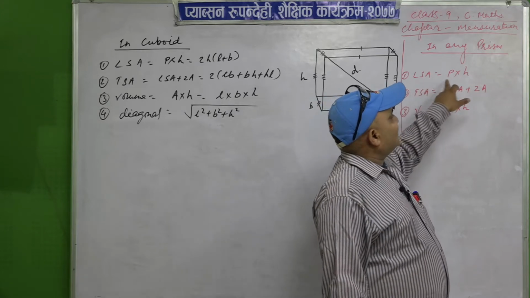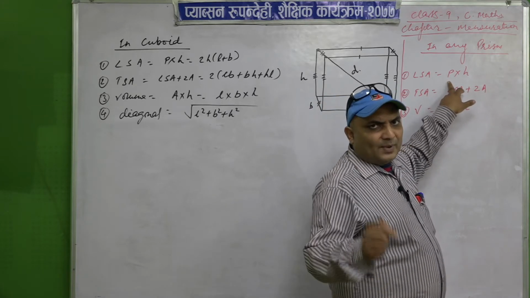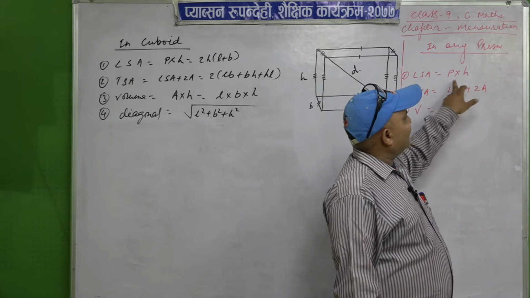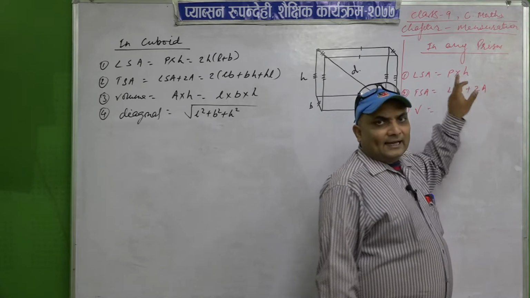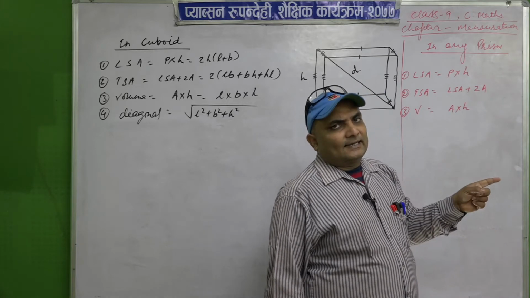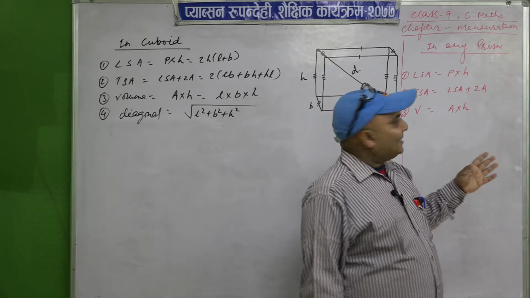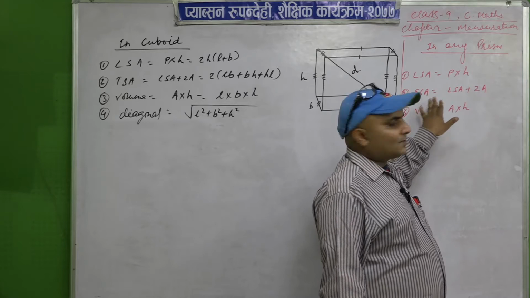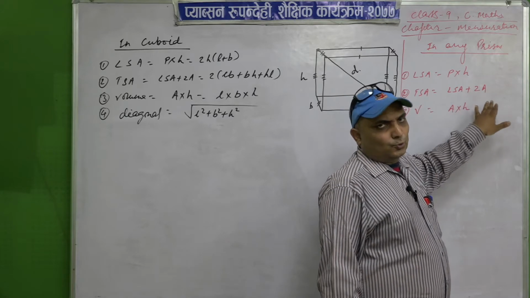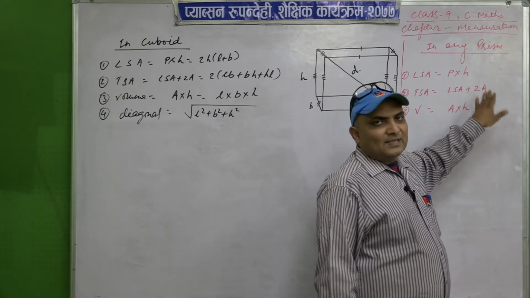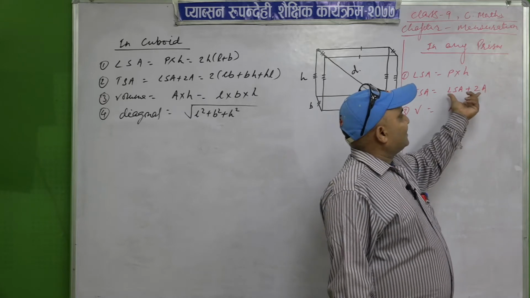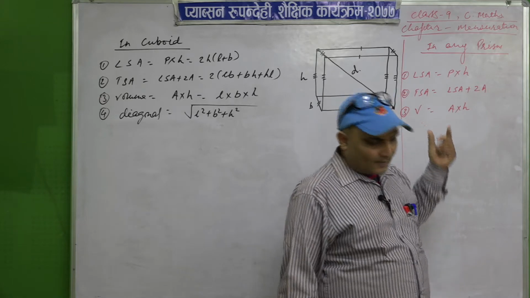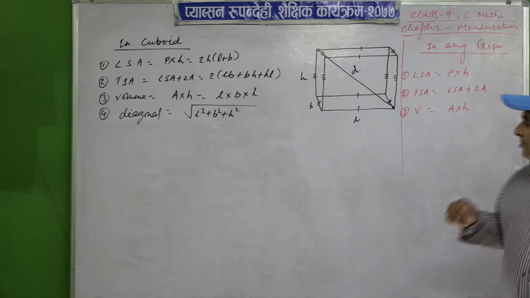The lateral surface area is perimeter into height, meaning perimeter of the base into height of the prism. If we multiply the perimeter of the base with the height of the prism, we will get the lateral surface area of any prism. Similarly, total surface area means lateral surface area plus 2A, where A means area of base. If we add these two, we will get the total surface area of any kind of prism.